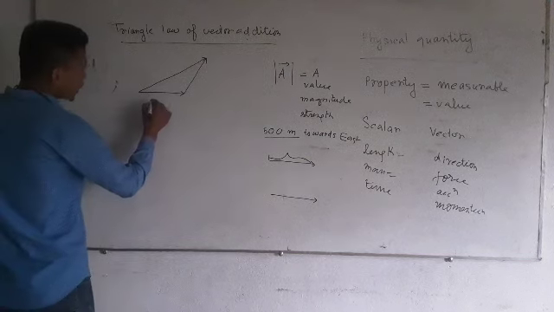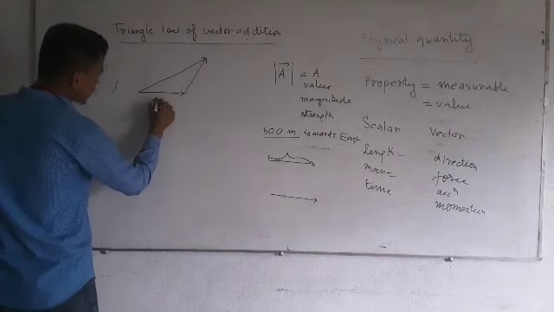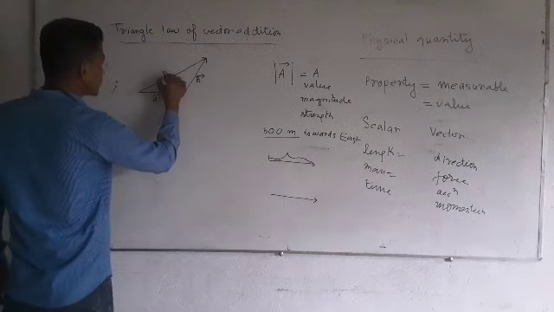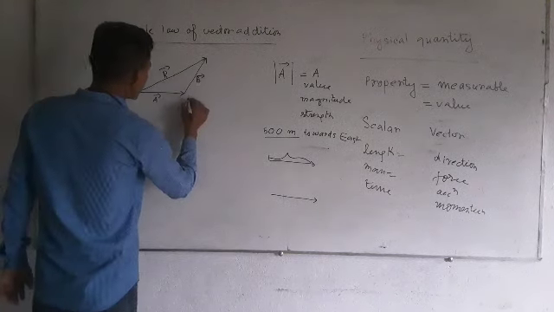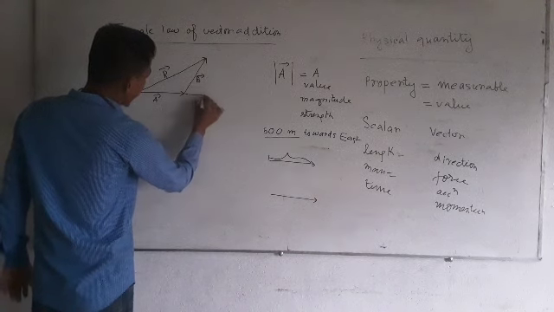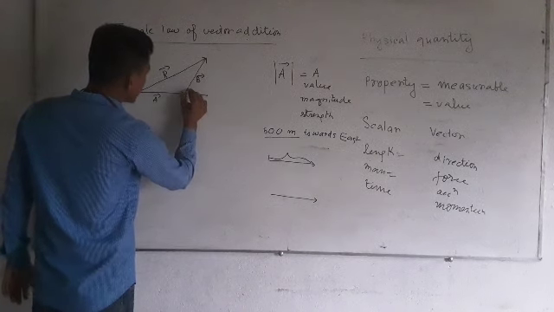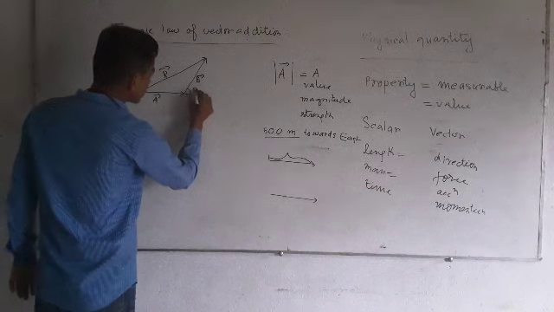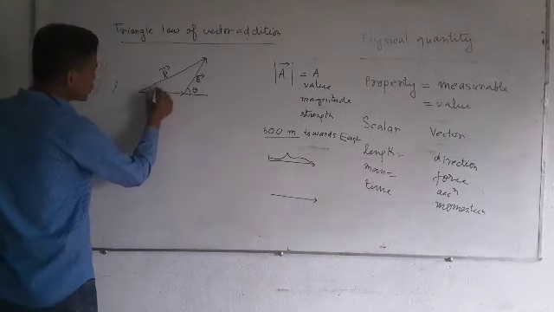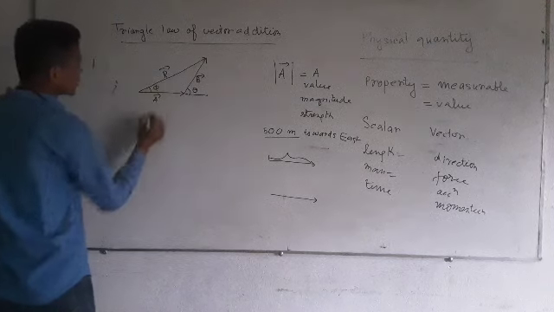Now let this vector be represented by A vector and this by B vector, and the resultant vector by R vector, and the angle made between this direction and B vector be represented by theta, and the angle made by the resultant vector with A vector will be represented by phi.